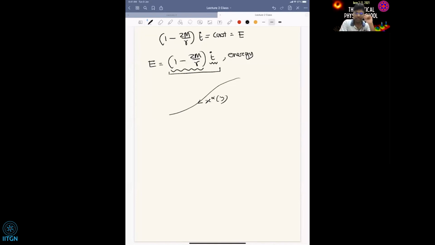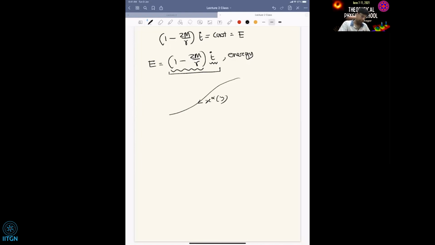Now this looks like a bit of an odd expression for the energy. What we can do is understand whether it is actually the energy by going into the flat space-time limit.